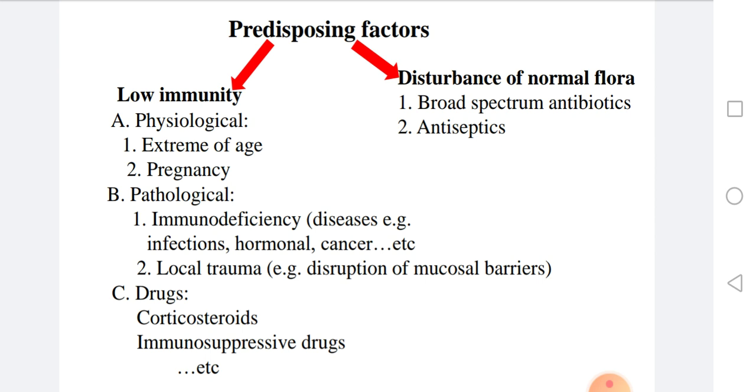These drugs lower the immunity of the person. To sum up, the predisposing factors pave the way to Candida albicans to become a pathogen.